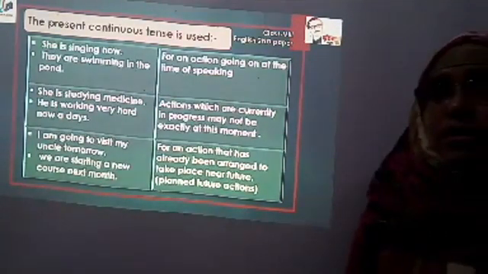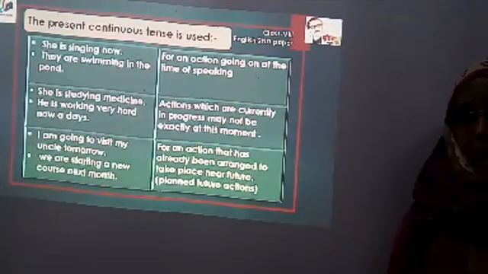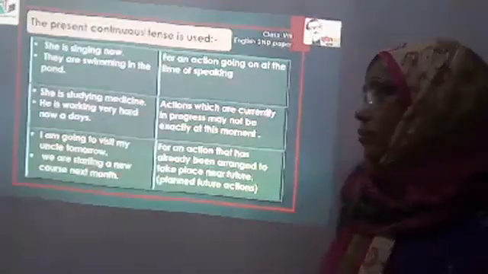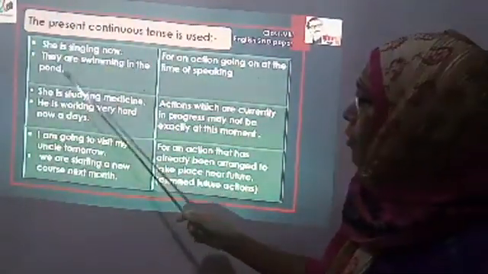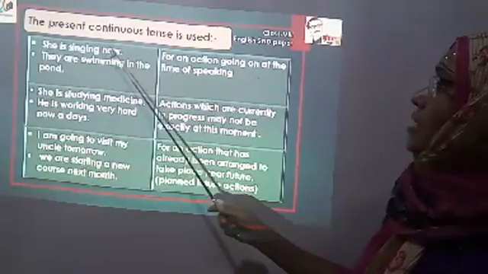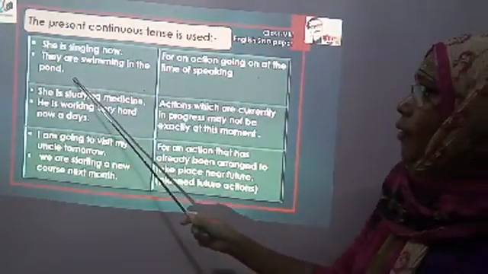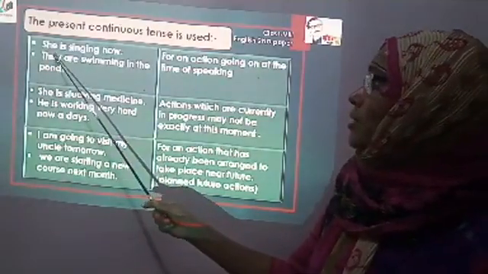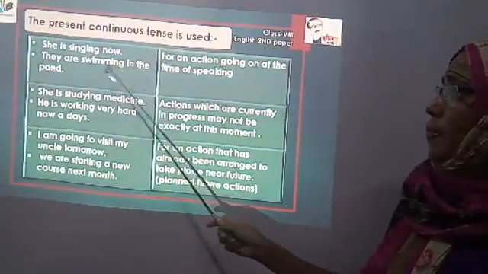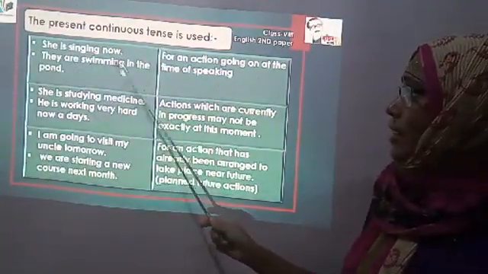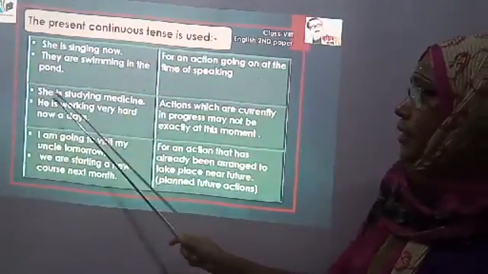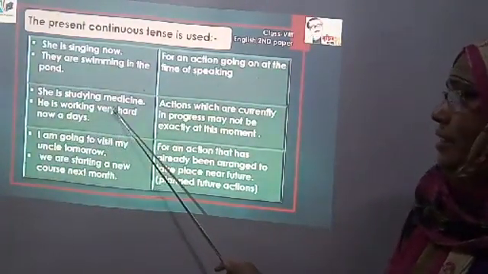The question is, how do we form the present continuous tense? Can you see the example? She is singing now. They are swimming in the pond. How are the sentences formed? She is singing. They are swimming. She is studying.